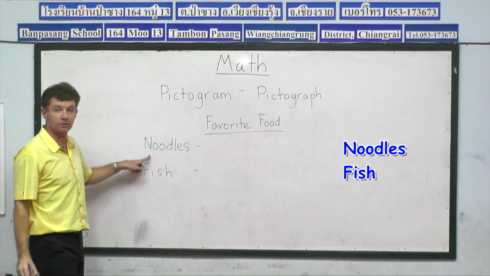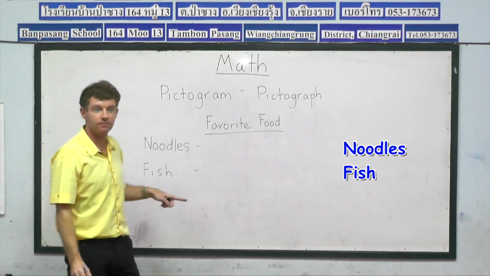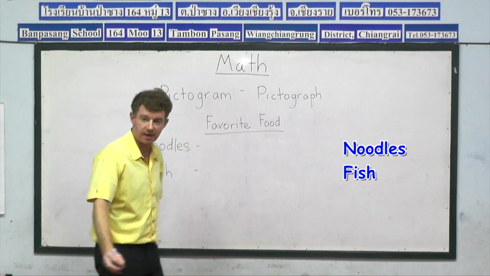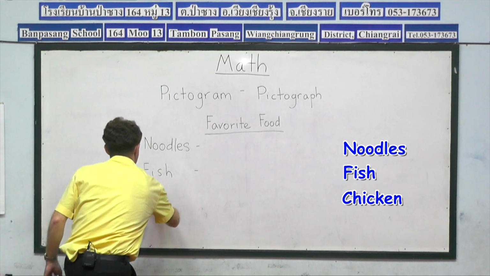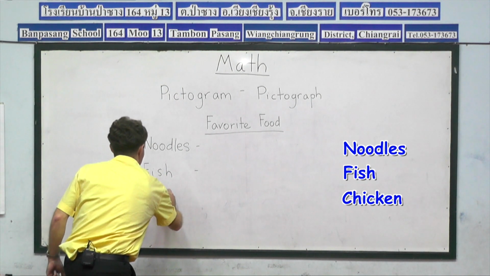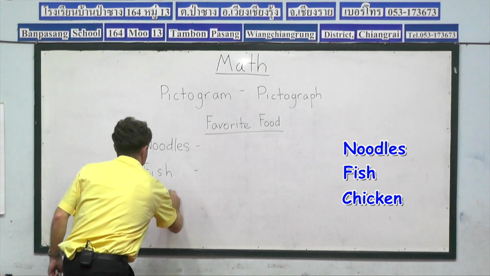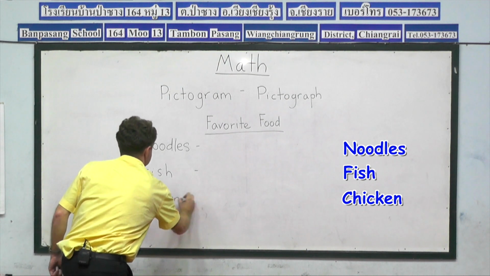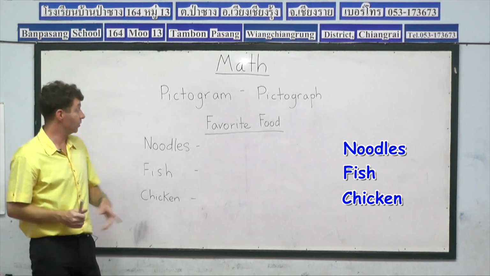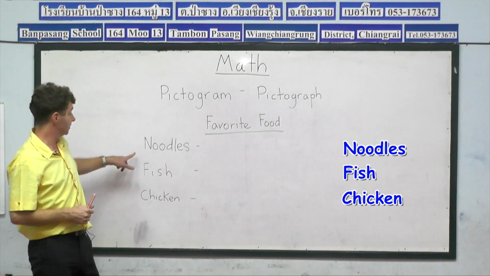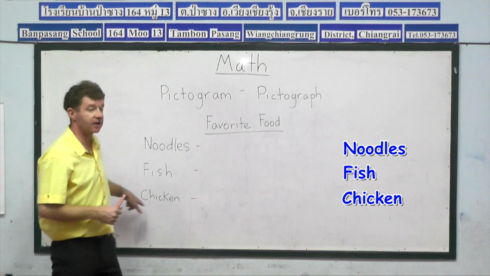So we have noodles, fish, and chicken. Okay, we'll use chicken. How do we spell chicken, guys? C-H-I-C-K-E-N. So now we have our three choices. We have noodles, fish, chicken.